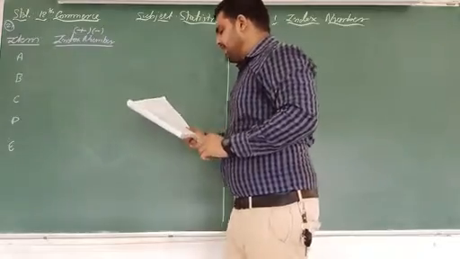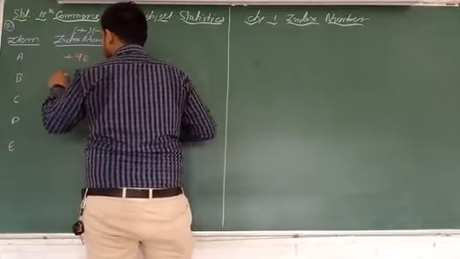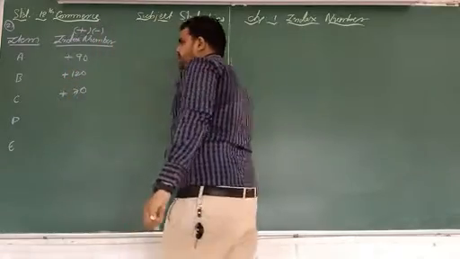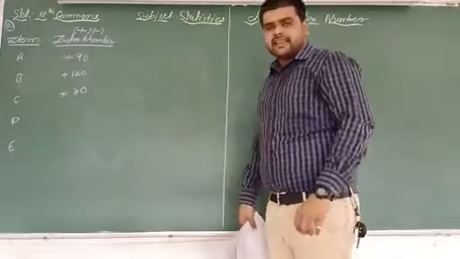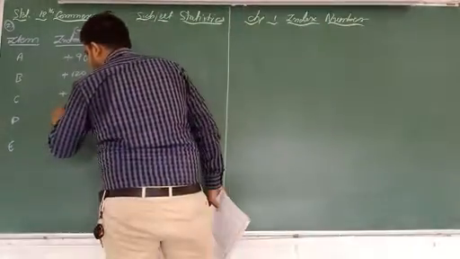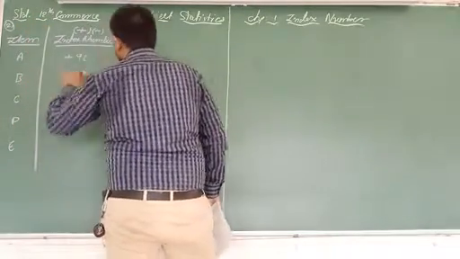How much percentage increase? First 90%, second 120%, third 70%. So those three are increases. Next, D and E: here decrease by 2% and here decrease by 5%. So here percentage is given.